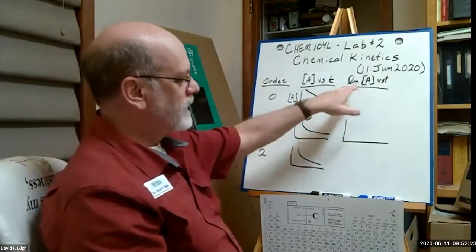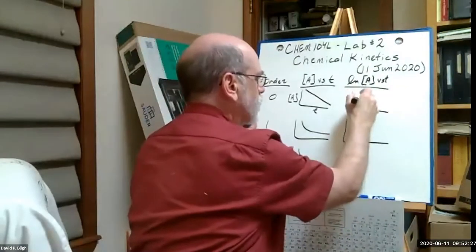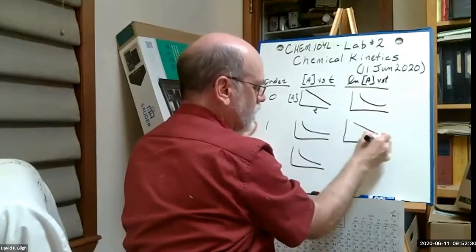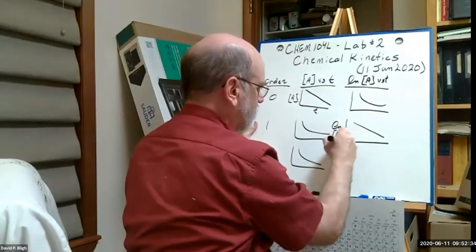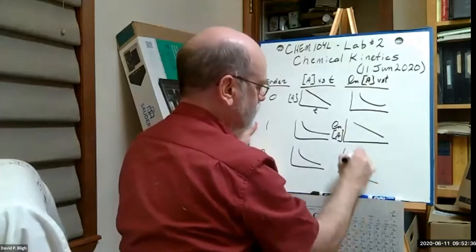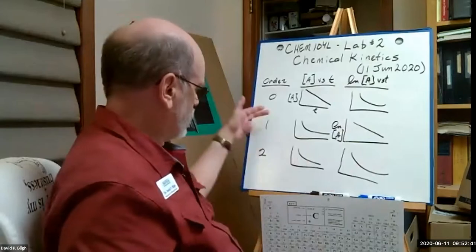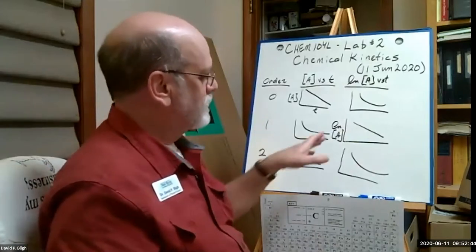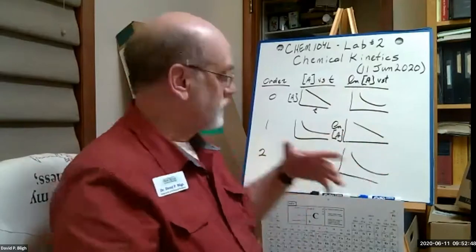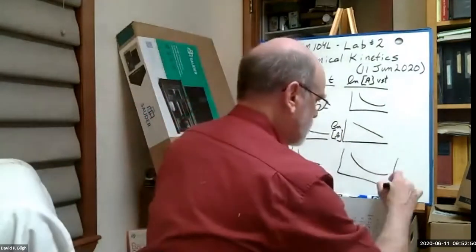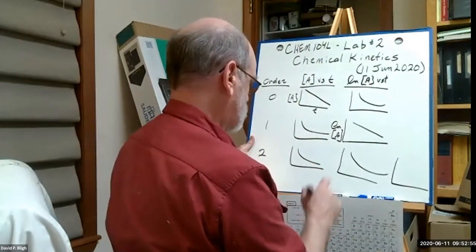If we plotted the natural log of A versus time, then for this one, we would get a curve. For this one, we'd get a straight line. Okay? And for this one, we'd get a curve. Okay? So that would be first order. If the absorbance in our experiment would give us a straight line here, well, actually, that's true.